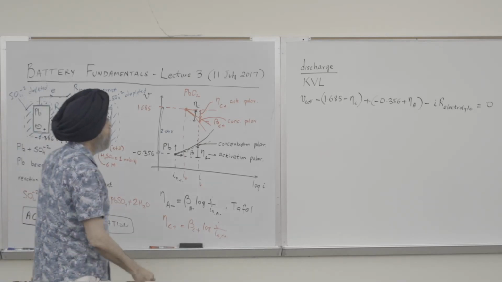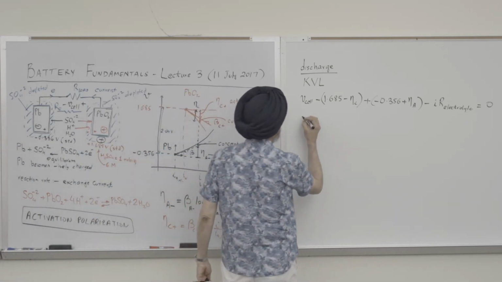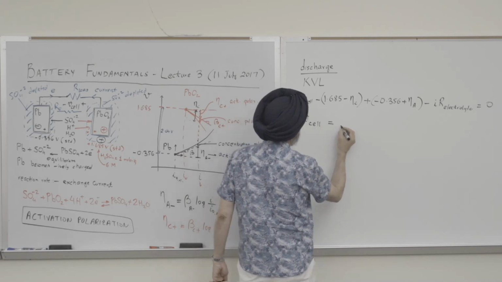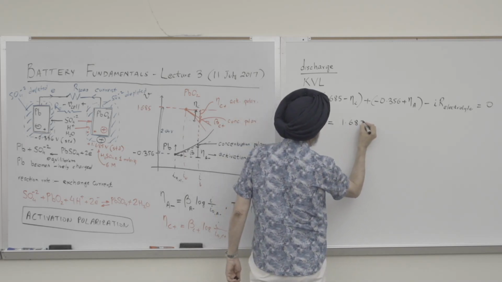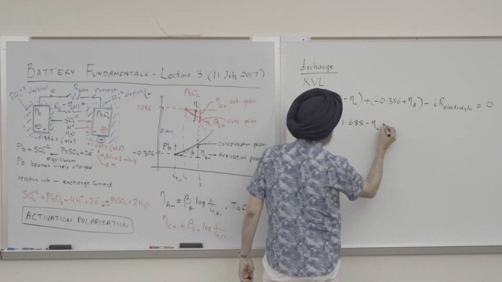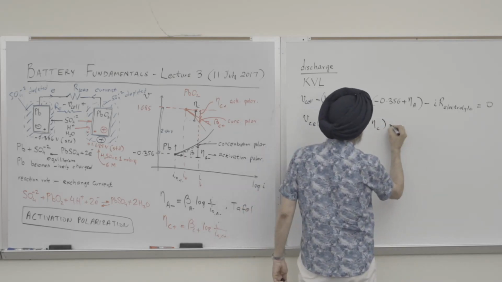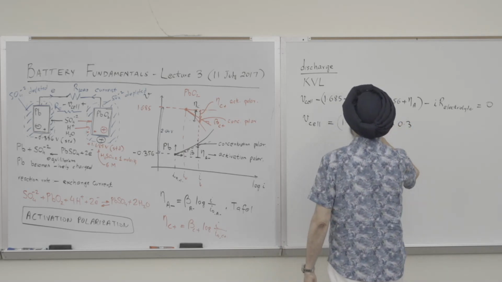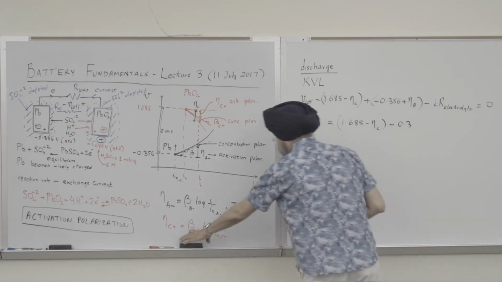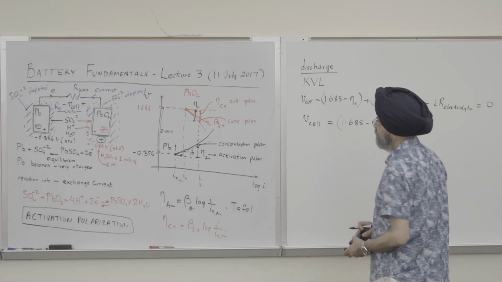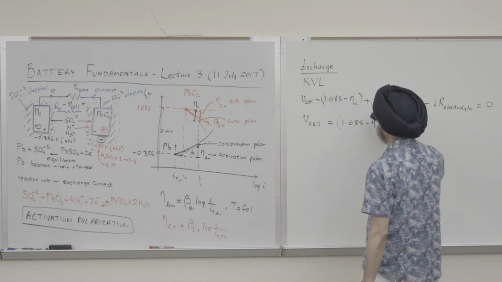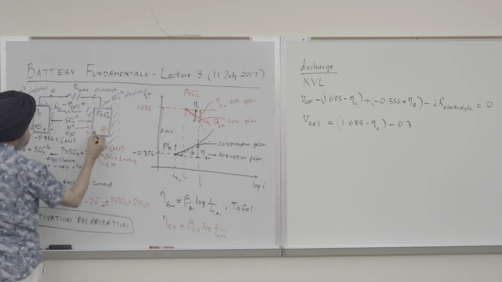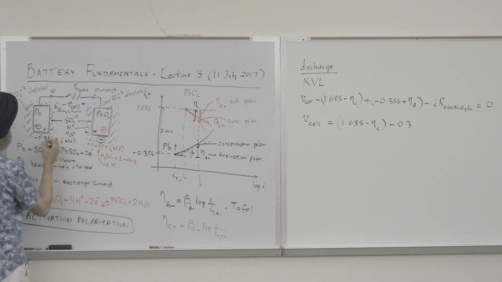Okay, so we're not selling anything, but the voltage across the cell is 1.685 minus NC minus 0. Actually, what did I do over here? Oh, I got it wrong over here. This was plus minus, this was plus minus.